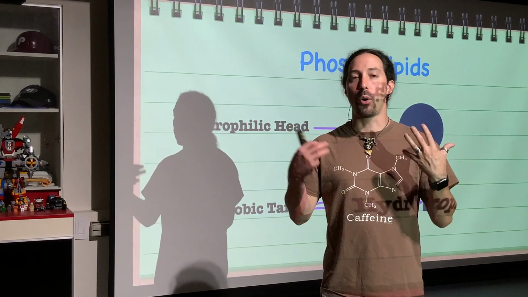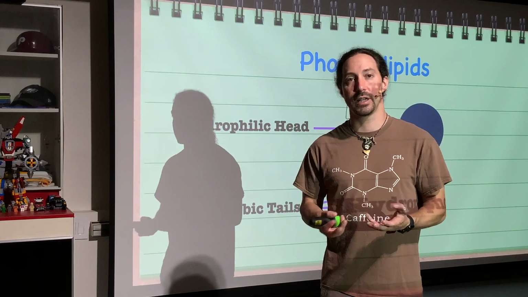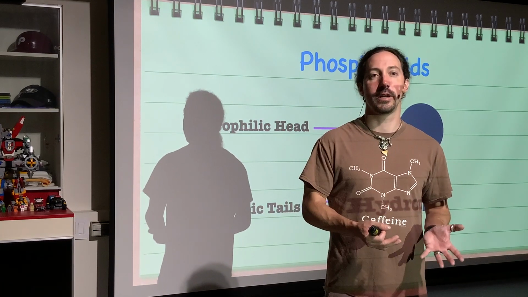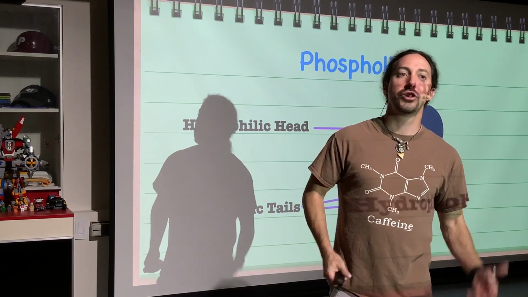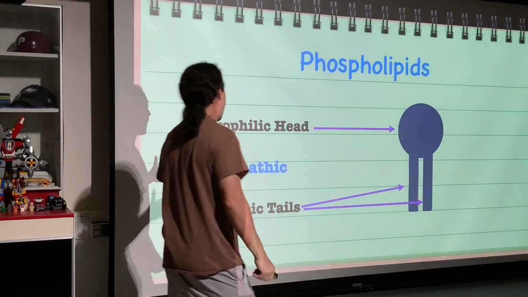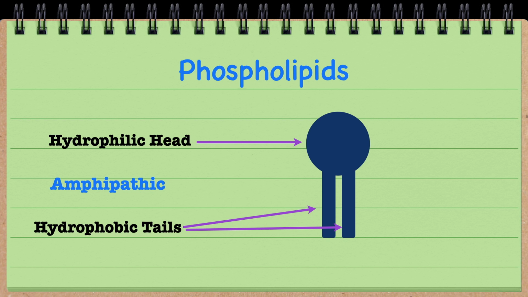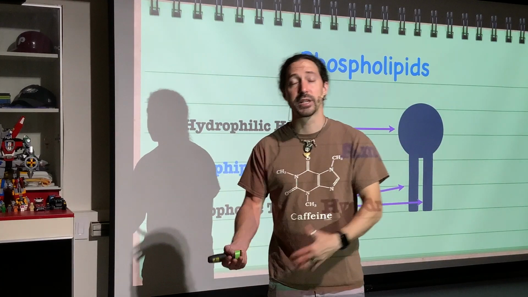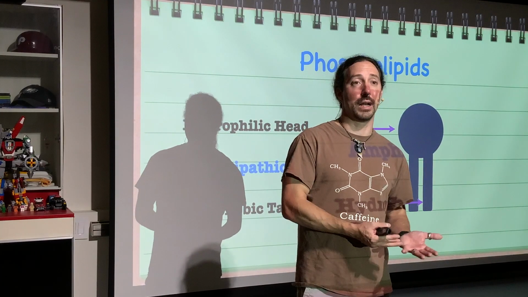It has a polar hydrophilic characteristic, and it has the nonpolar hydrophobic characteristic. And that's really special. So we have a special term for that. It's called amphipathic. It is able to interact with both polar things and nonpolar things. It can interact with polar molecules and nonpolar molecules.